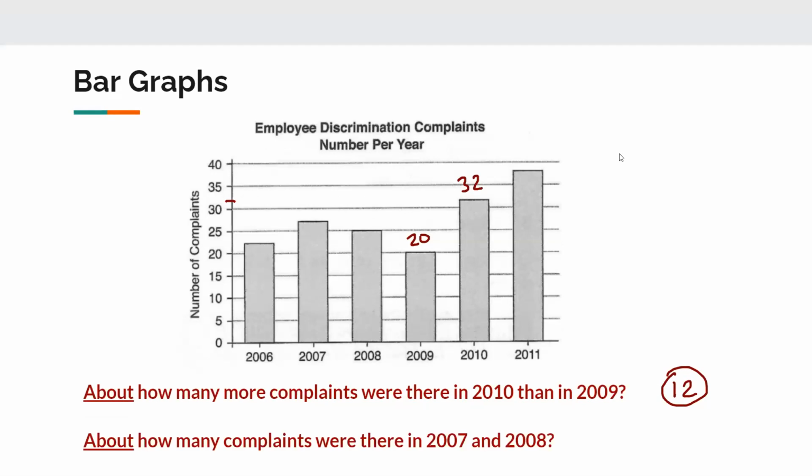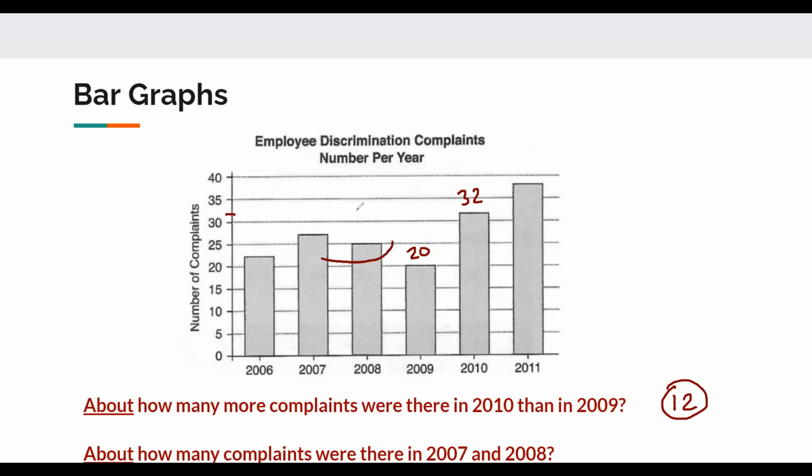Next question, about how many complaints were there in 2007 and 2008? What that means is that we should add these two together, 2007 and 2008. Let's estimate. It appears like 2007 might have been 27.